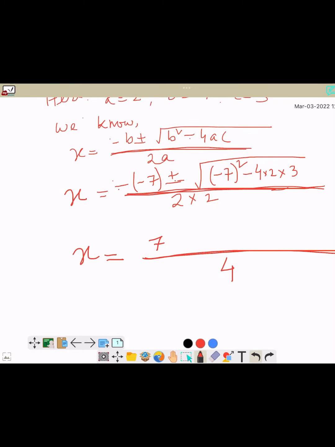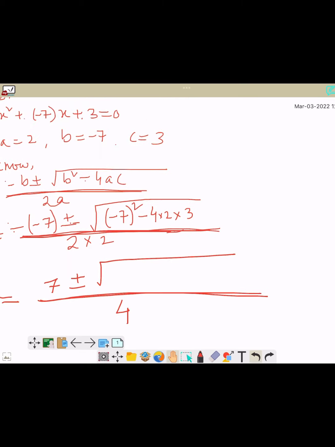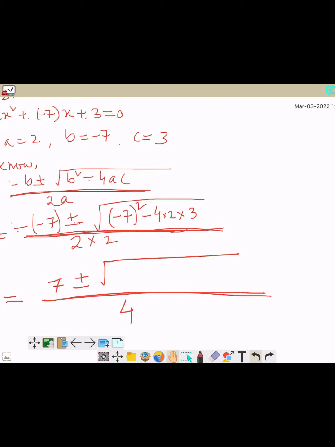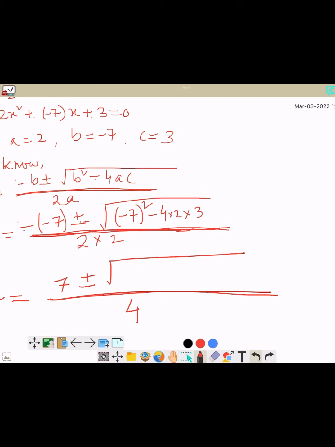Now this is plus minus root over (-7) whole square. What can we write here? (-7) whole square means -7 into -7, so ultimately it is a multiplication of two -7s.